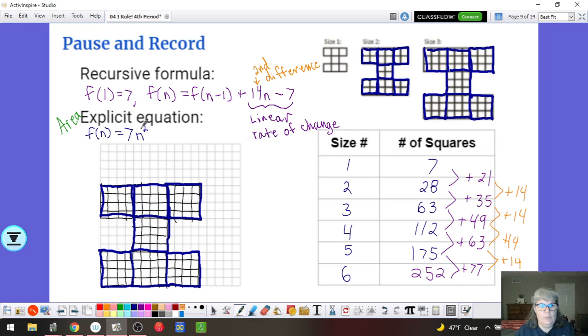I can put 2 in, so 2 squared is 4 times 7 does give me the 28. 4 squared is 16 times 7 is 112. So this is our explicit equation for these areas of our logos.